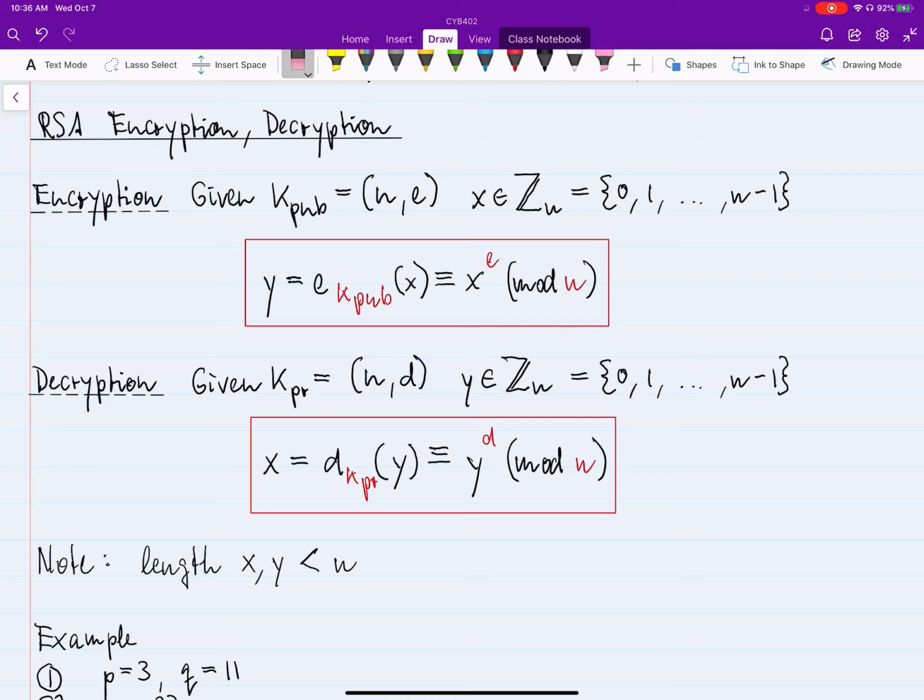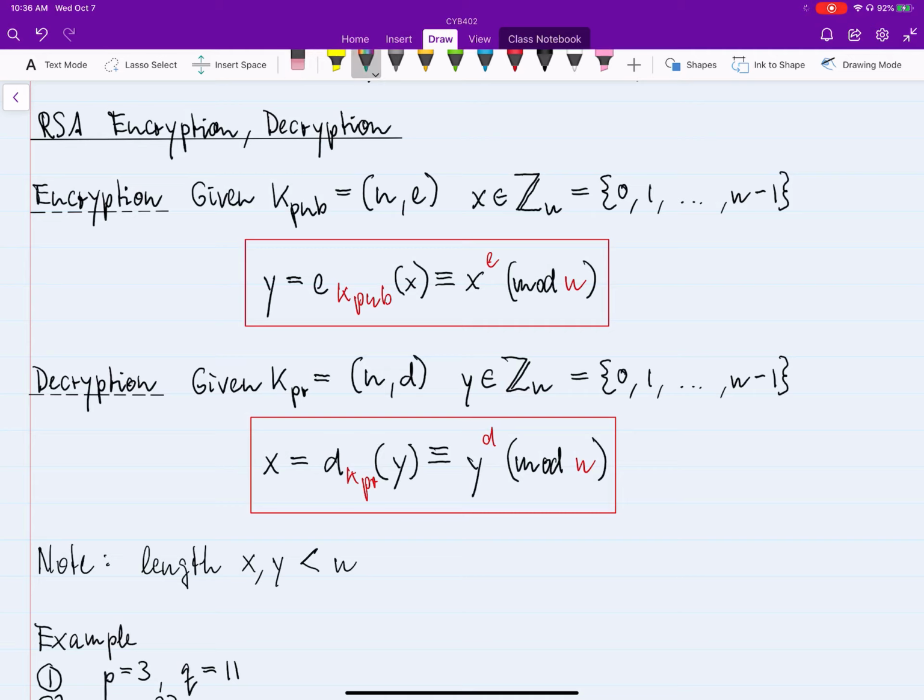Together with that is the computational cost of computing x to the power of e, and we choose e considerably small in order to keep that computational cost small.